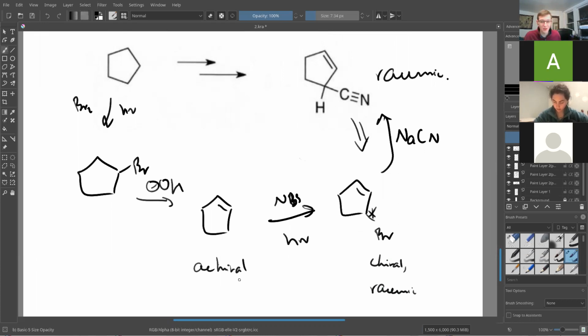We didn't say which chirality it should go to, so it's just going to make it 50-50. It's not going to choose either one of the two stereoisomers. And we know that SN2 inverts the stereochemistry, but that doesn't matter because we didn't have any one particular stereochemistry to begin with. We had a mix of both, so we're going to get a mix of both at the end anyway.